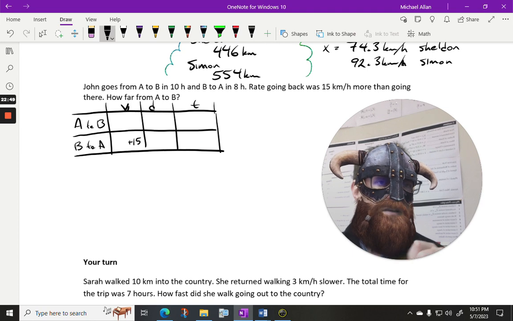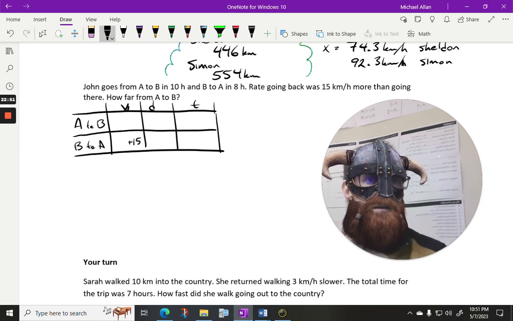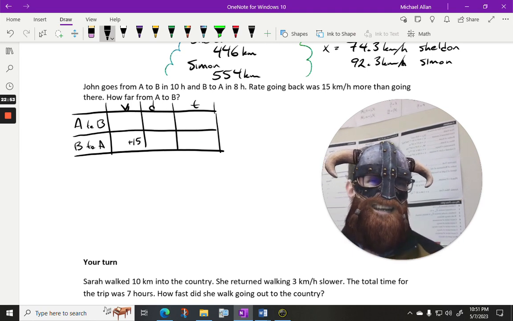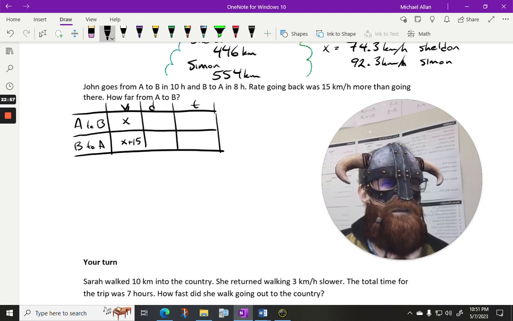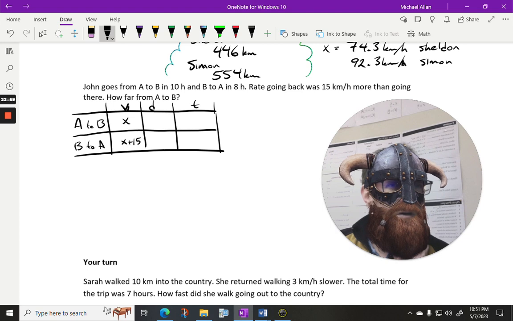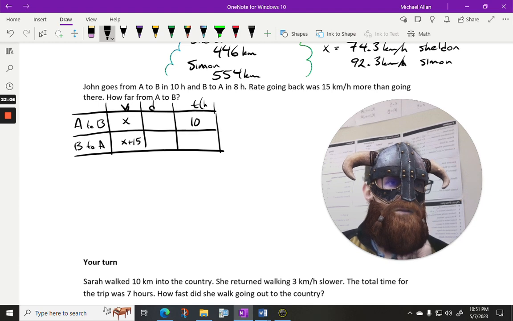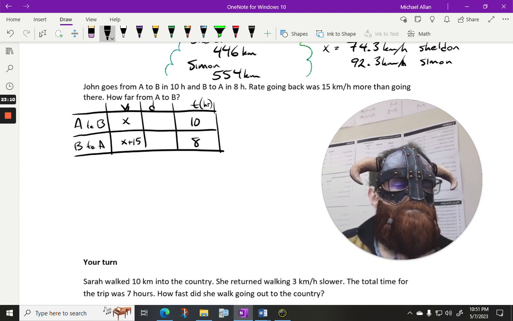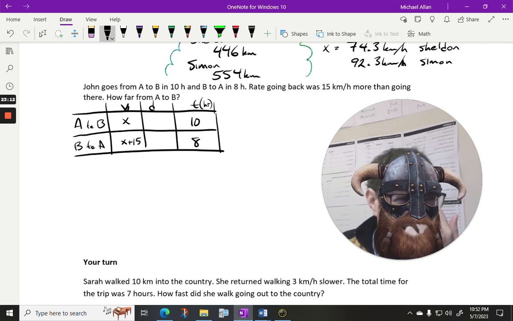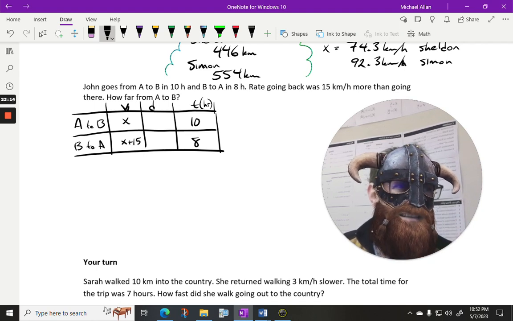So that's plus 15 more than whatever A to B was. So let's just call that X for now. So that one's X plus 15. We know some numbers for T, so this is 10 hours. Let's put the units at the top here. And this was 8 hours. That's all we know. They didn't give us any totals. I'm not going to put 18 down there because that's not going to help us.